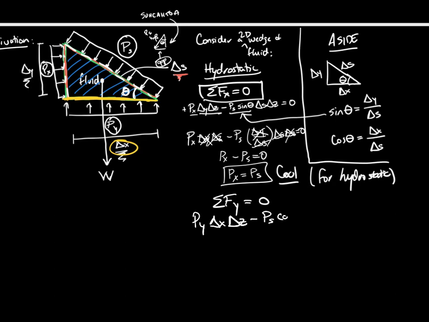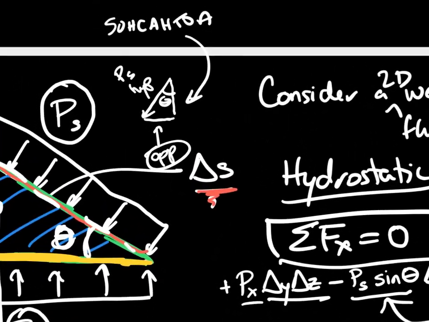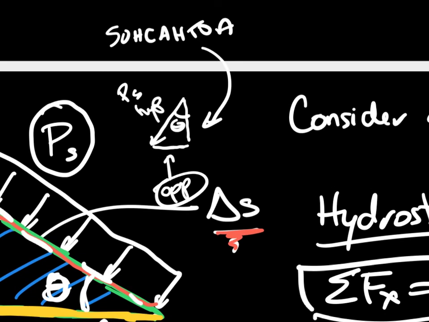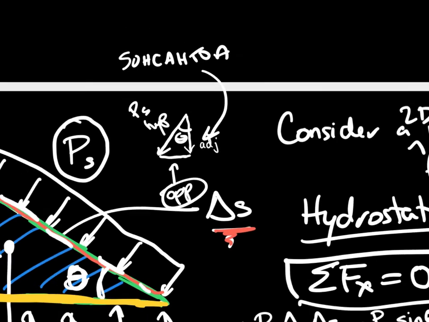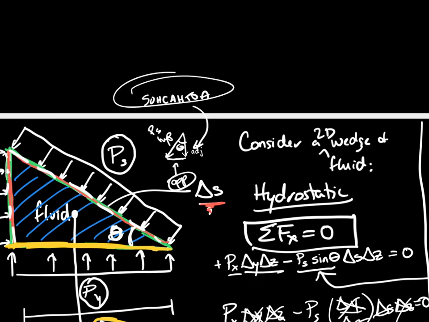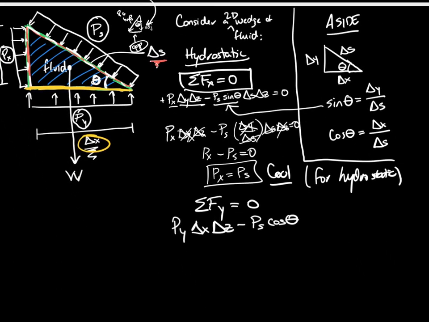And this is going to be the cosine of that angle. If I zoom in on this little guy, this time I'm looking for the adjacent, the one that's going downwards. Do a little SOHCAHTOA if you need to make that make sense.